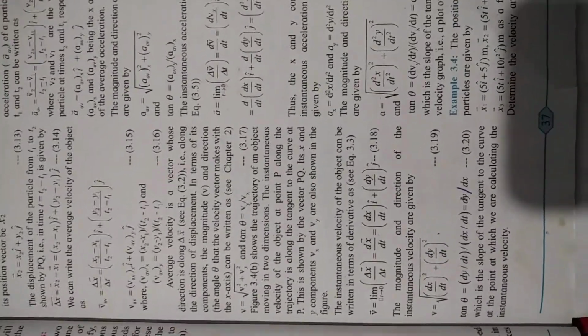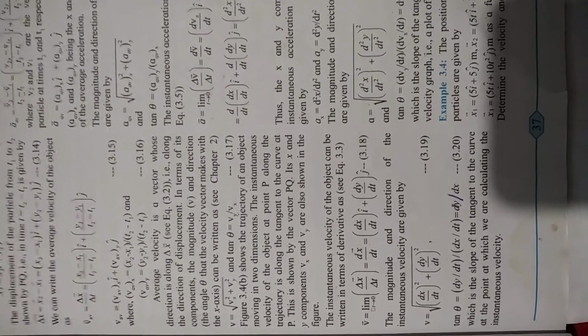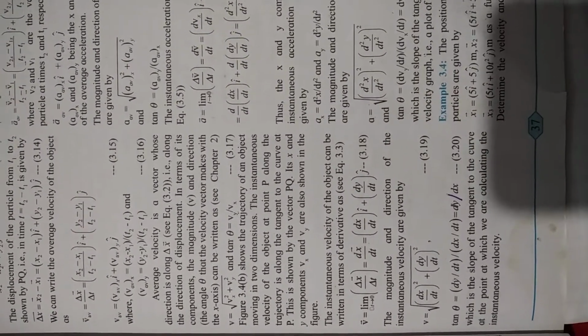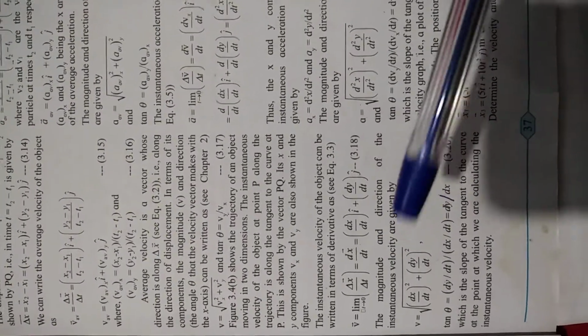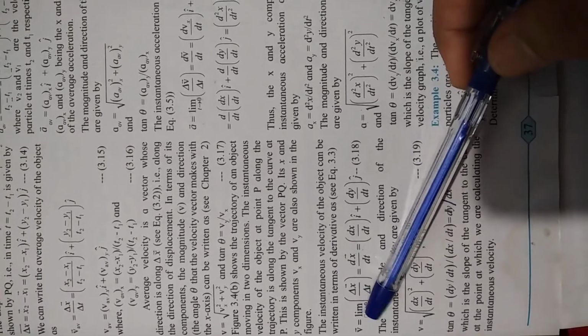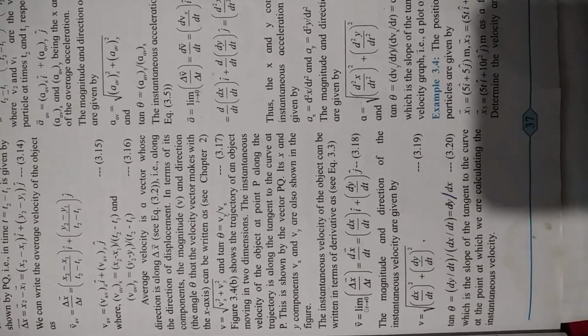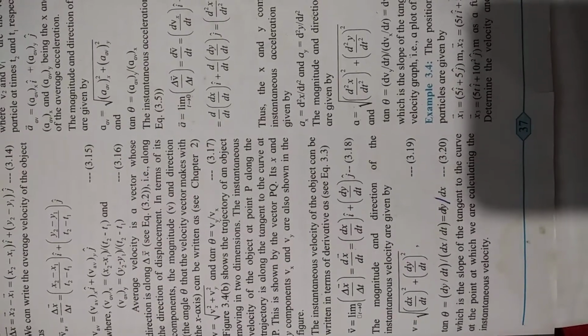The same can be obtained with the help of derivatives. I was telling you that this derivative was very important, on which you have not given that much focus. Now you will realize how important that calculus part was in chapter 2. If you want to find the instantaneous velocity, we express the velocity as limit delta t tends to 0 of delta x by delta t, that is dx upon dt.